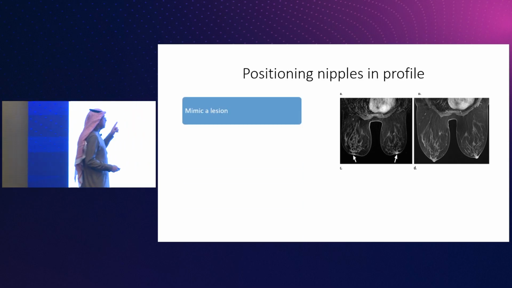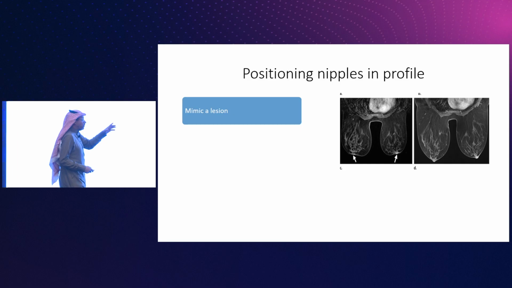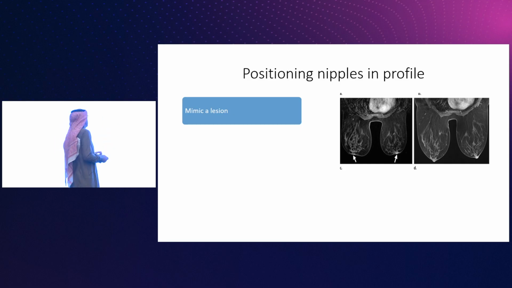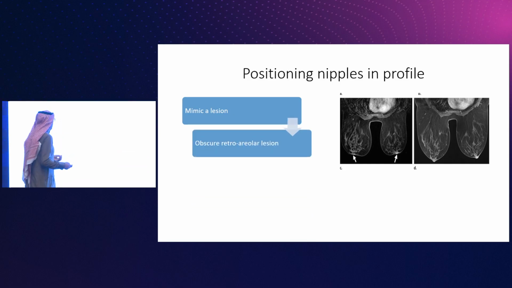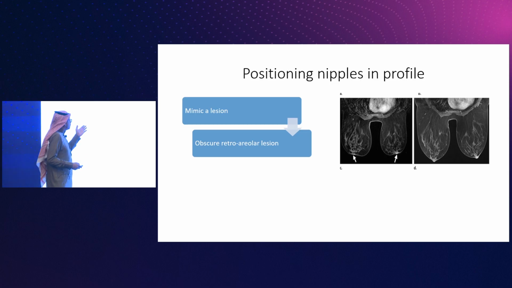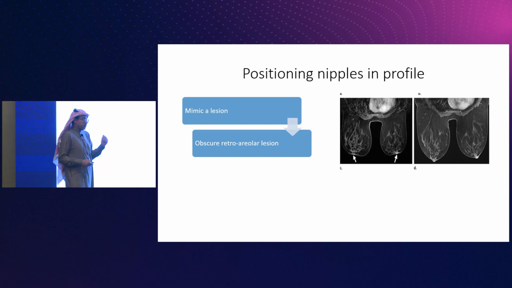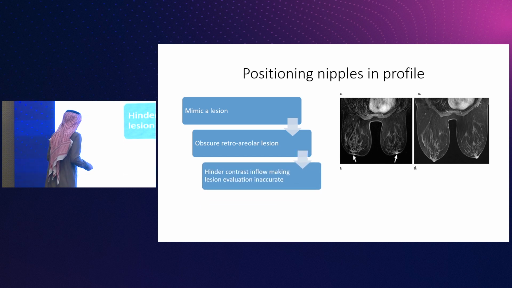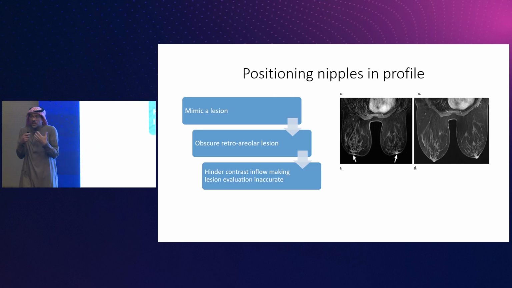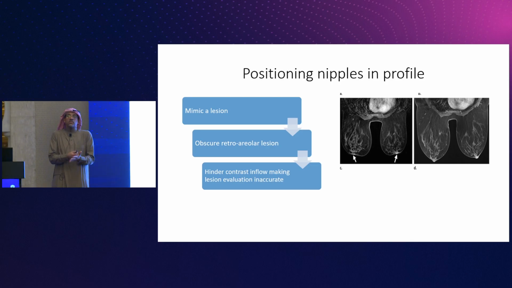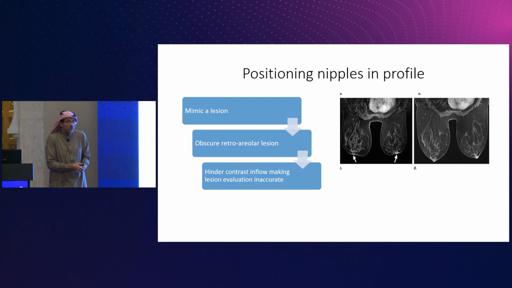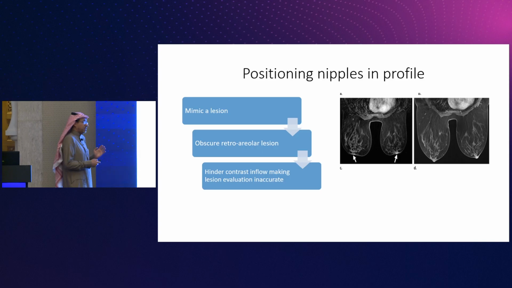It might mimic a lesion. You might think it's a lesion while it's compressed tissue. It might obscure a retroareolar lesion. It will hinder the contrast inflow, making lesion evaluation inaccurate. The contrast did not flow into the lesion because it was compressed, not because it's less vascular.